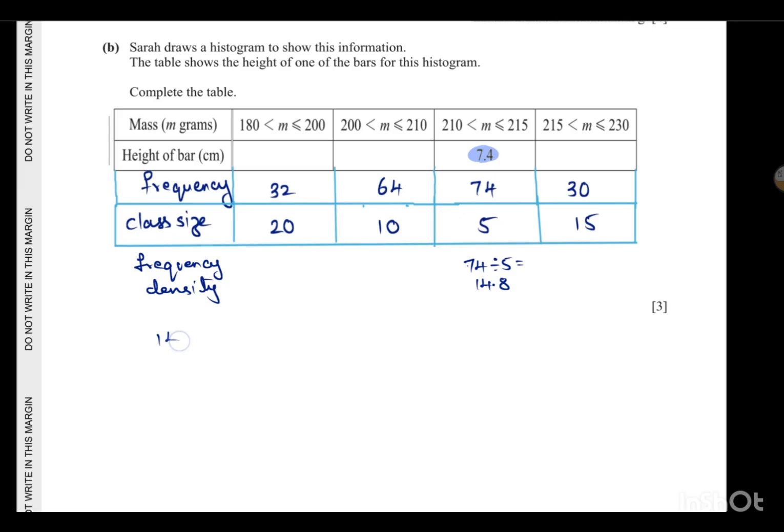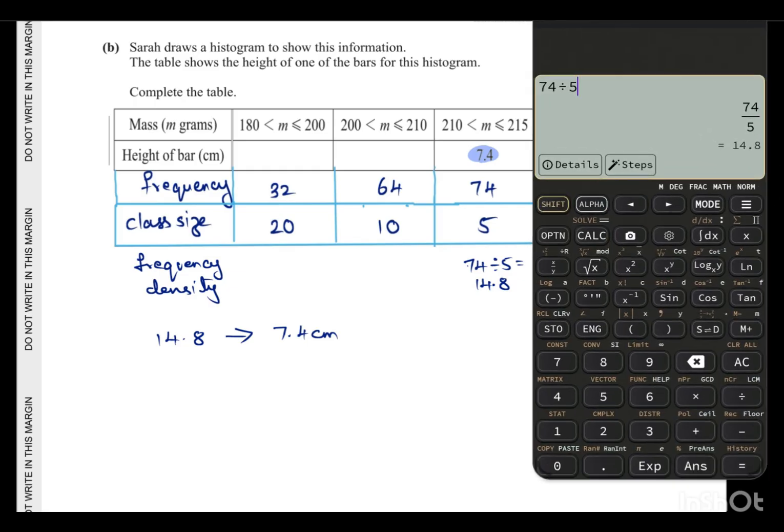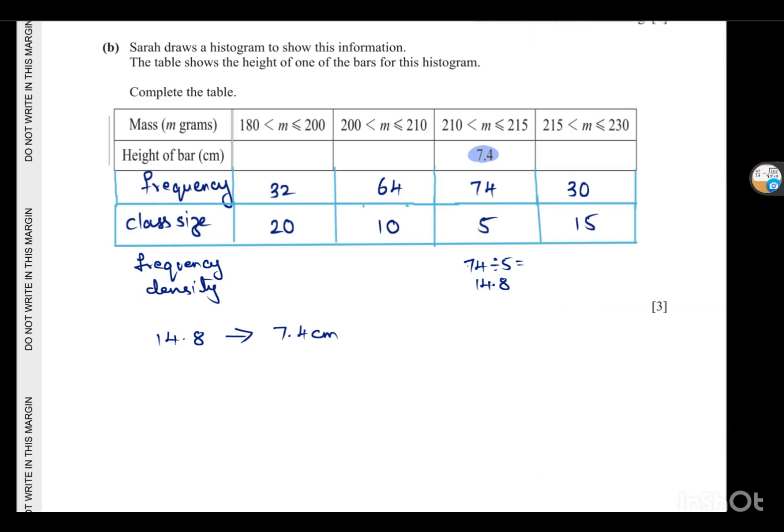Now they have drawn the height of the bar as this much. So just divide these two again. 14.8 divided by 7.4 is equal to 2. So that means you need to divide every frequency density by 2 to get the height. We will get the height of the bar.